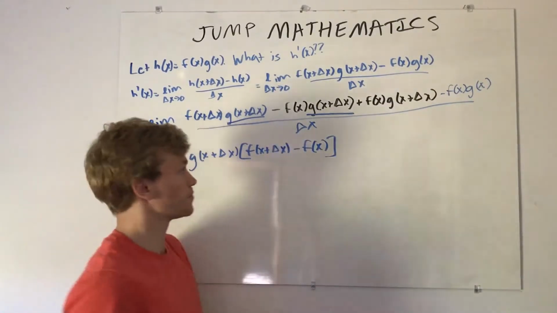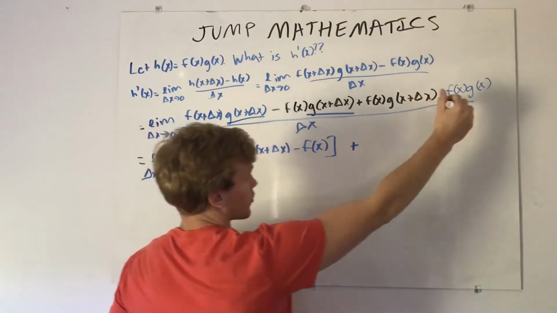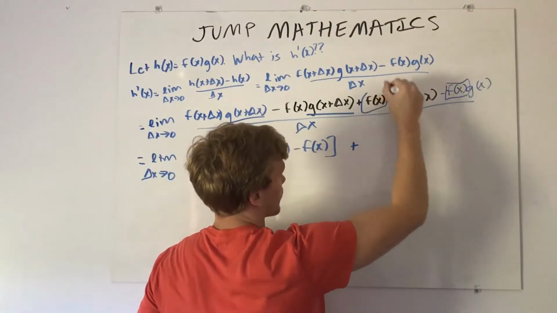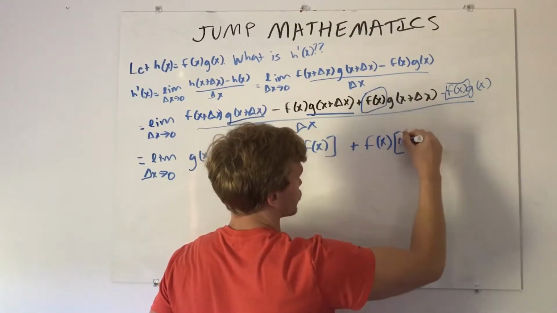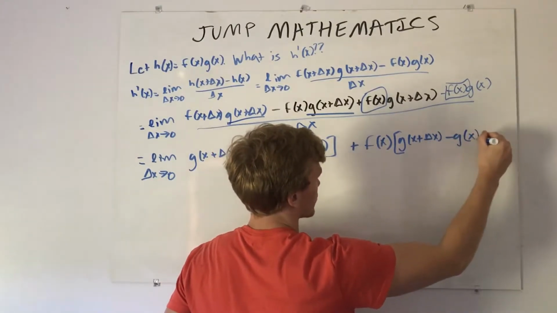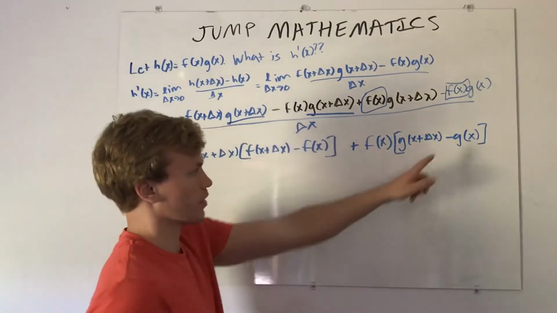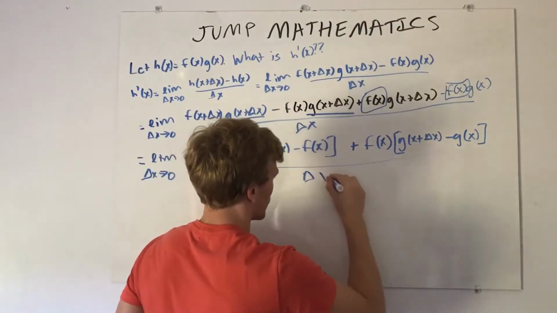Hey, that looks familiar. Let's see what happens over here. Plus, both of these have an f of x, so I'm going to pull that out. F of x times, what do I have left? G of x plus delta x minus g of x. Hey, that looks familiar. And then the delta x, that stays.